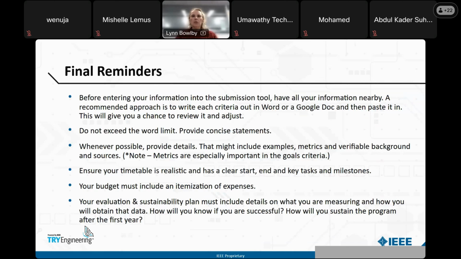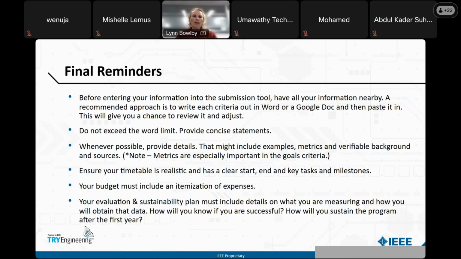So you really want to try to tell us who you're impacting, how you're impacting them, and even some data on how your program is going to contribute to increasing metrics of known verifiable background information. Ensure your table is realistic and has a clear start and key tasks and milestones.